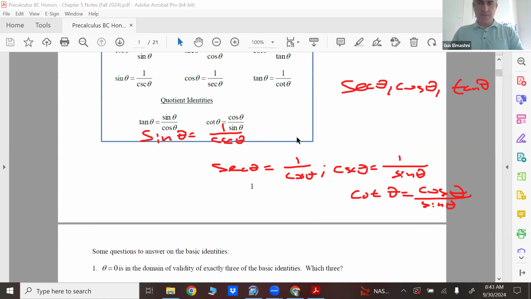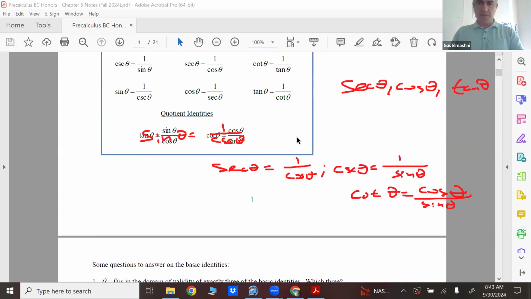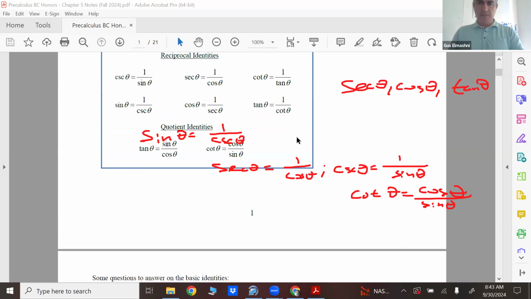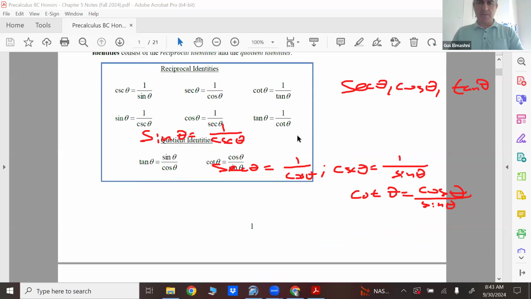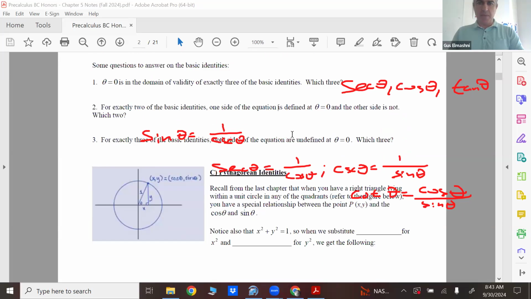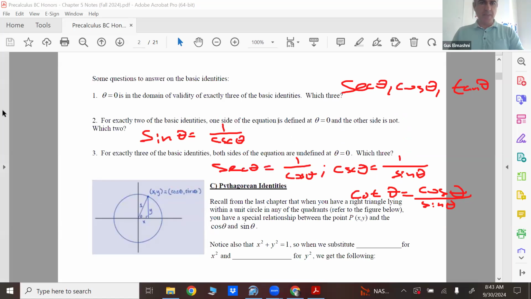Secant was fine. Cosine was fine. Tangent was fine. Cotan, secant, cosecant. Oh, you're right. Is that right? Oh, shoot. Hold on. I made a mistake. My apologies. That one's fine.